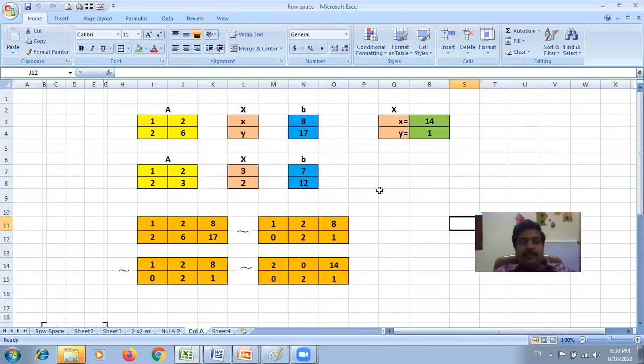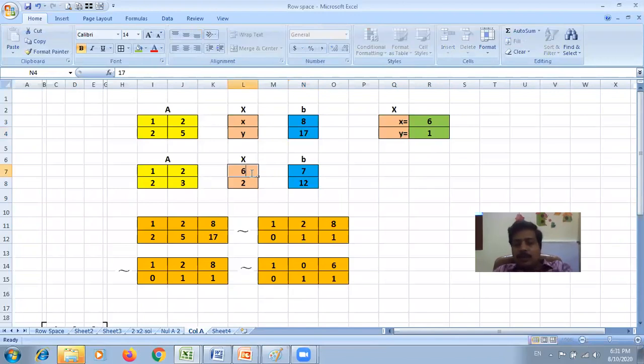Let us look into our sheet again. So this is the problem. Here again, we are converting it into echelon form. You can take any of these values, of course. So here the question is, for what values will we get a solution? If I take 8, 17, we are getting the echelon form, and 6 and 1 are the solution.